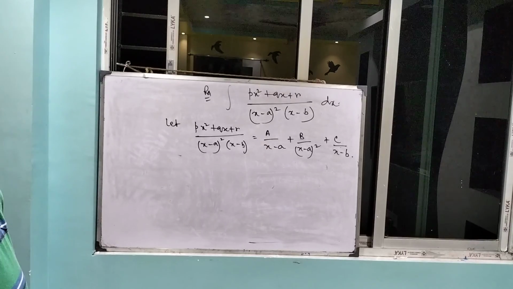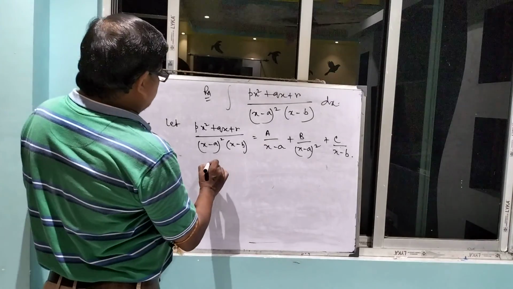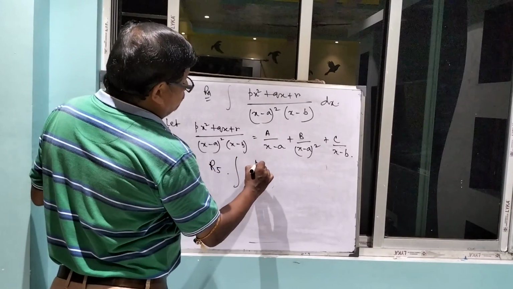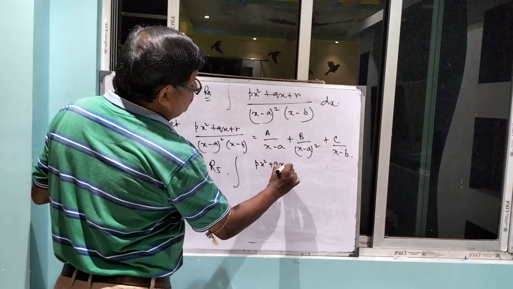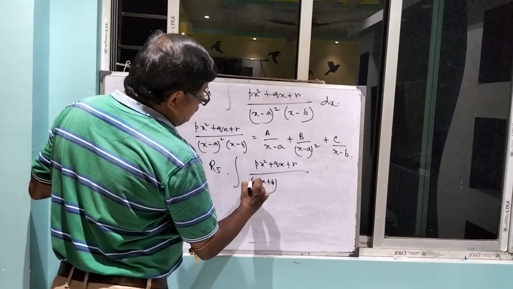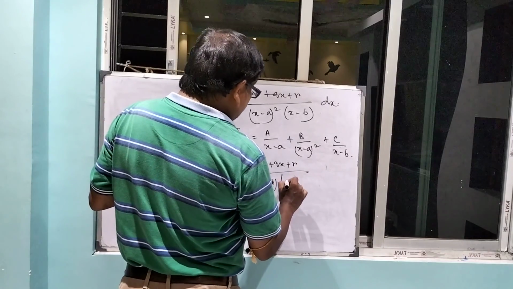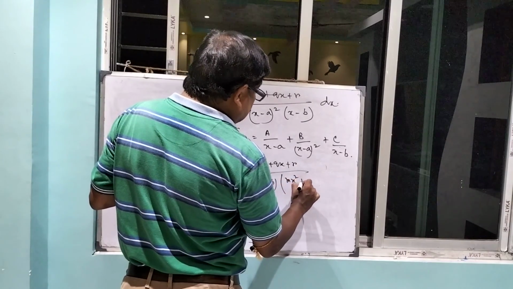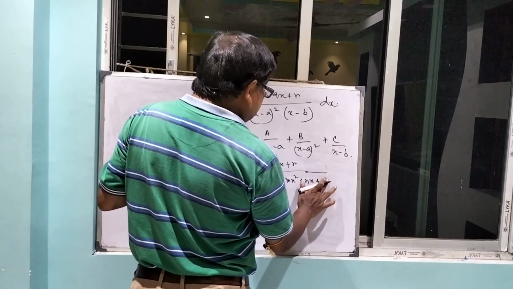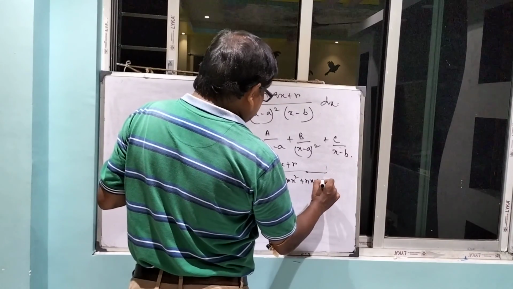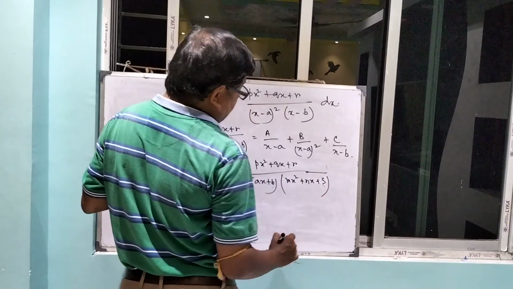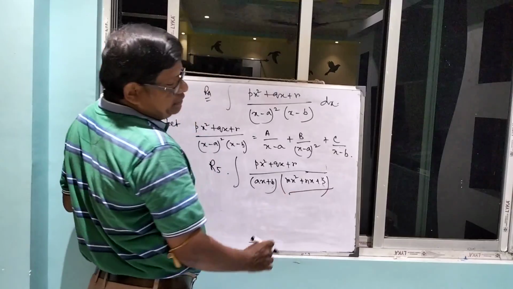Understand? And another is there, suppose integration (px square plus qx plus r) by (ax plus b) into (mx square plus nx plus s), suppose s is there, okay. So this is not factorized.